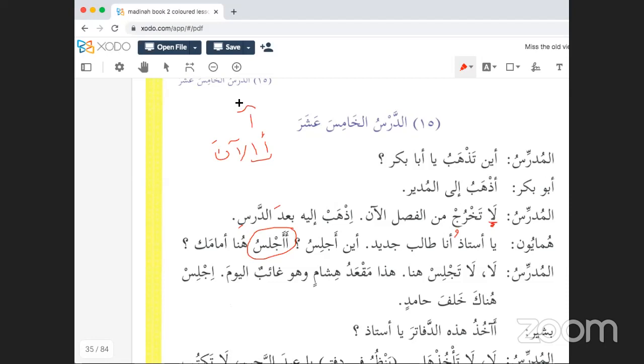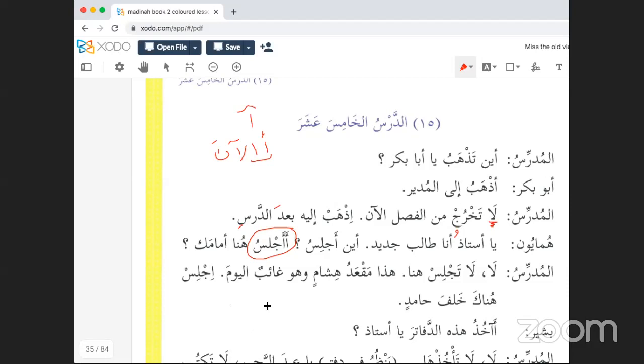Jayyid. So why is it that in this situation, we heard Saqib saying, ajlisu. He didn't say, ajlisu huna amamaka. Why did he say, ajlisu huna amamaka? Answer? Barakallahu feek.